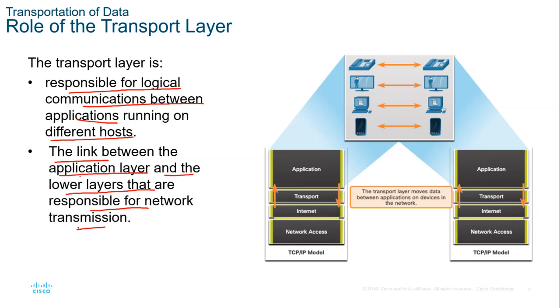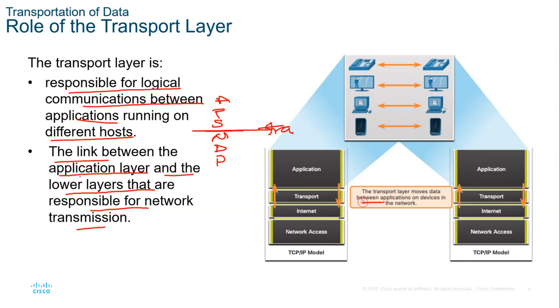So the transport layer is in between. Above it we have the session, presentation, and then application layers. Below it we have network, data link layer, and then the physical layer.